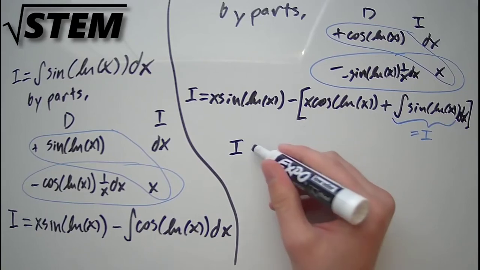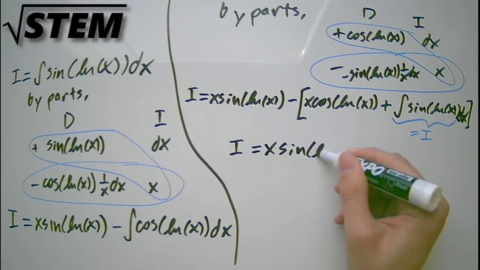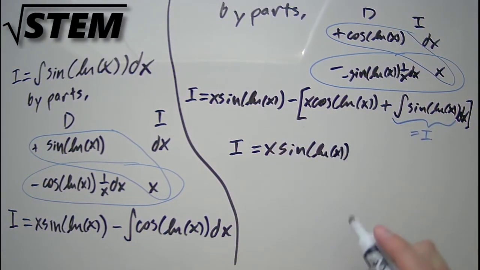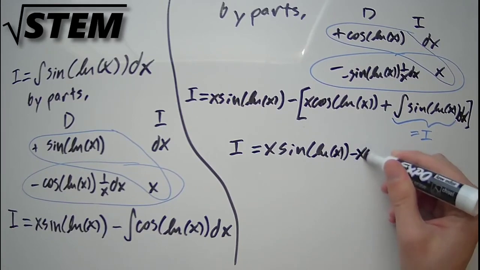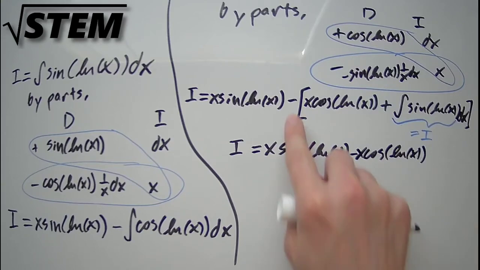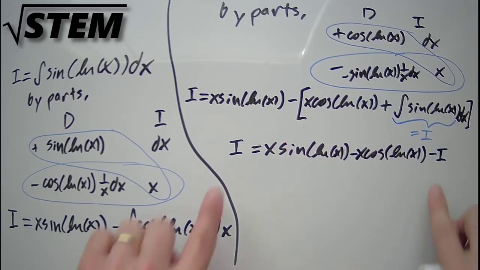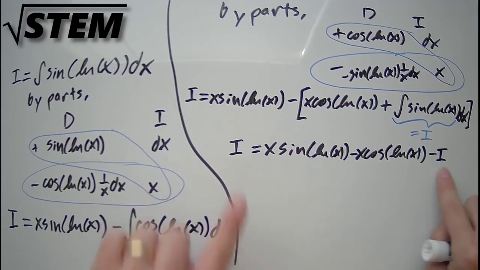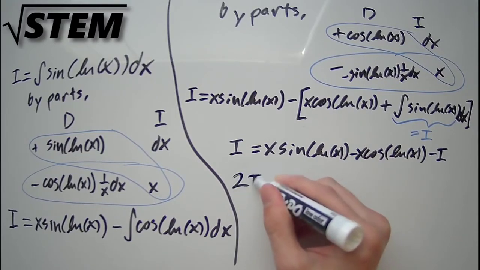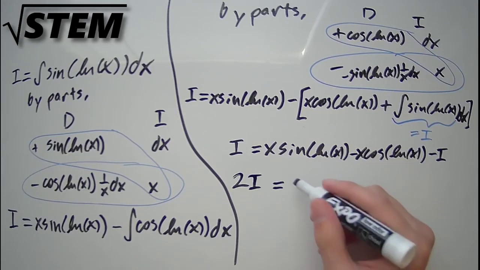So that means our integral equals x times the sine of natural log of x. Go ahead and distribute this negative, minus x cosine of natural log of x, and minus I. Now if we add I to both sides, it'll come from here and we'll get a 2I on this side equals, go ahead and do a little simplification here.